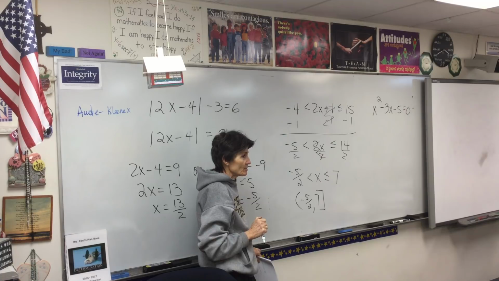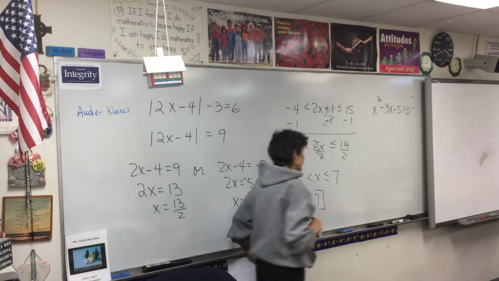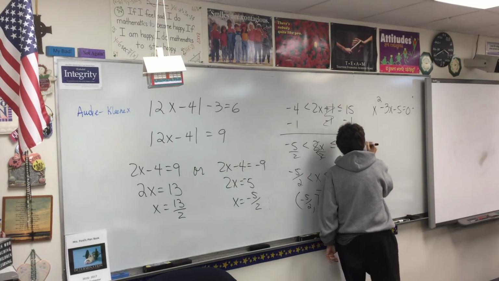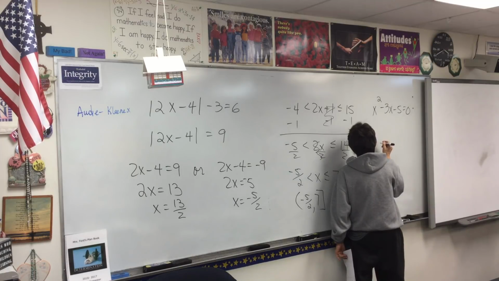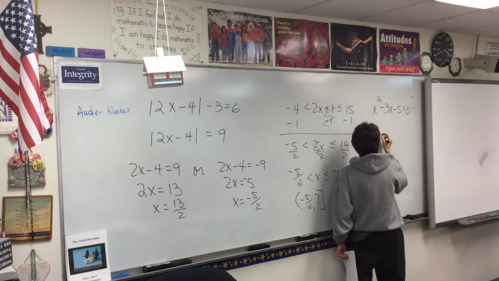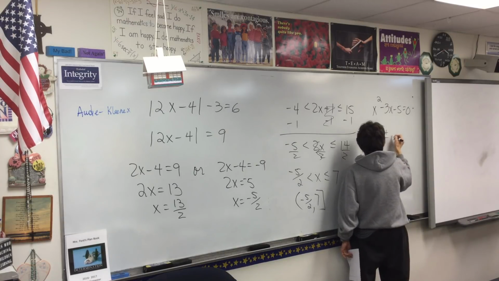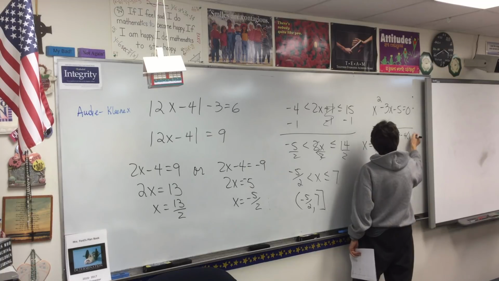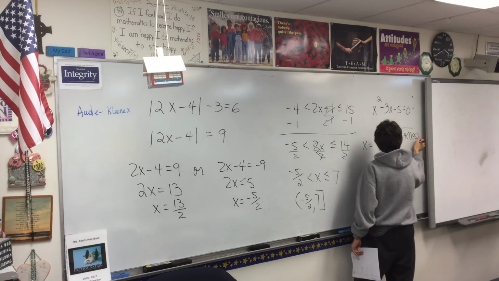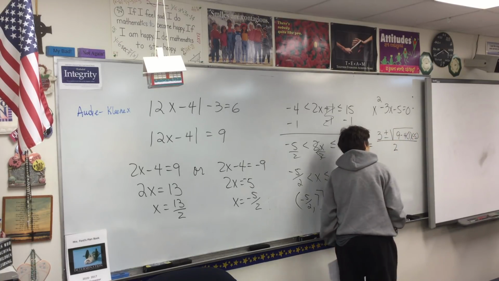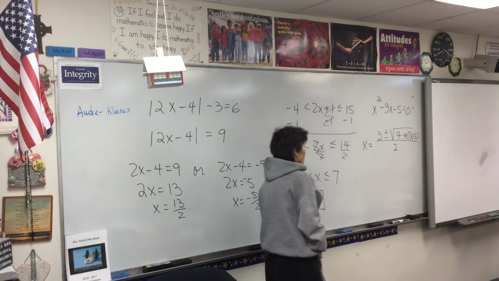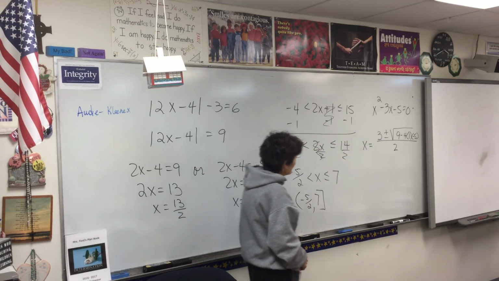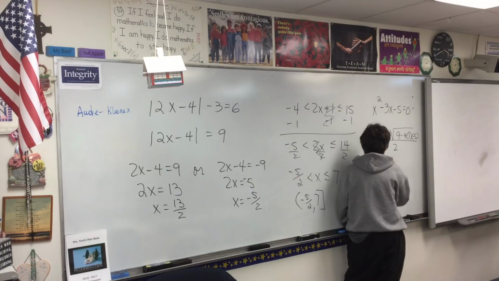So what am I going to need to do? Quadratic formula. So x equals, gotta know the quadratic formula. I'm not giving it to you. x equals negative b plus or minus the square root of b squared minus 4ac all over 2a. So that's 3 plus or minus what?